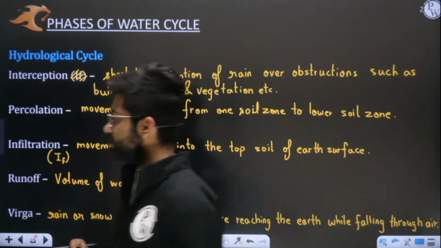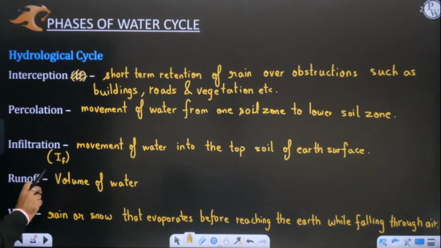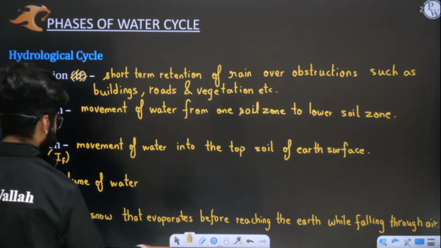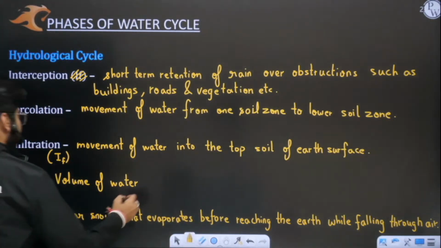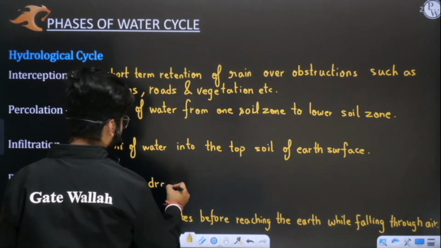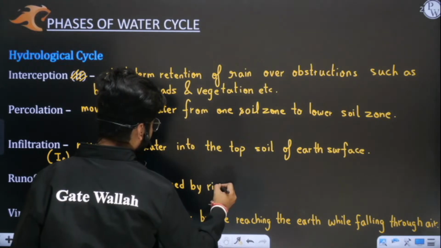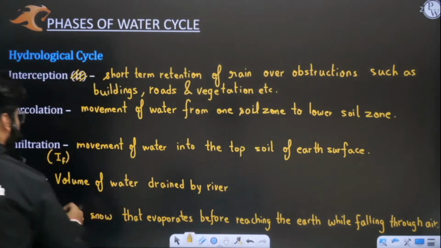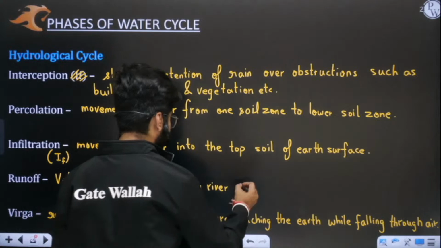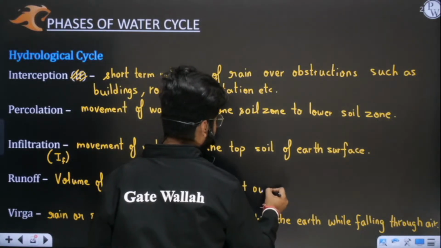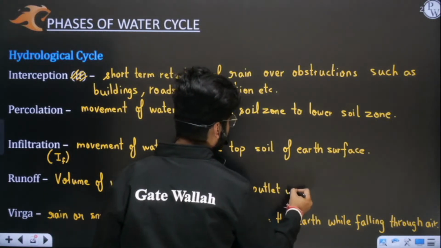So after runoff, all the volume of water will ultimately reach your river, the main river. So the volume of water drained by the river at the outlet of the catchment is your runoff.